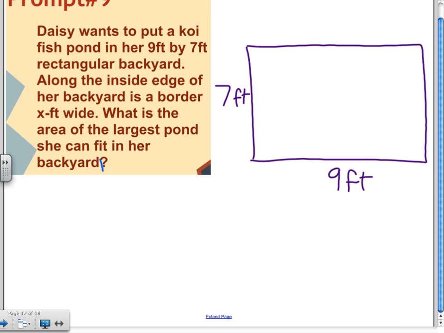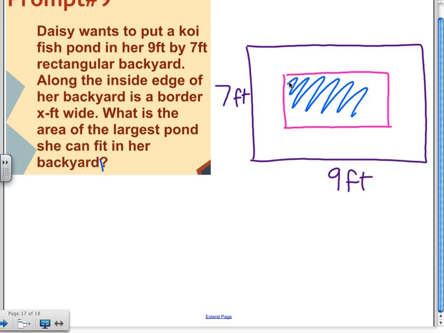Another thing that we also know is she's going to put a rectangular fish pond in her backyard. So I'm just going to draw a pond right in the middle of her backyard like that. I'll put blue in here to show you that this is the pond.